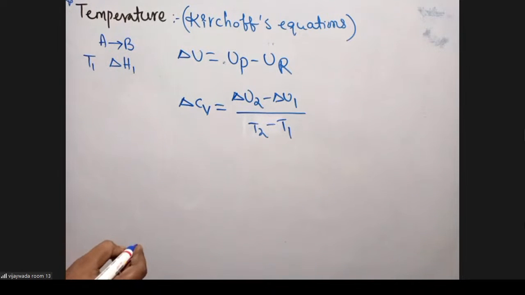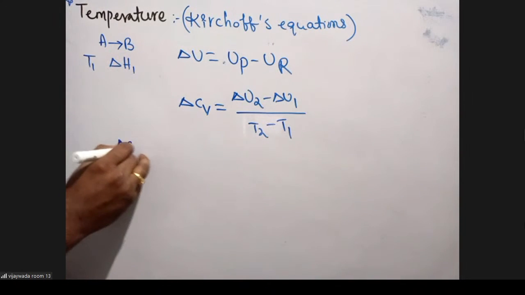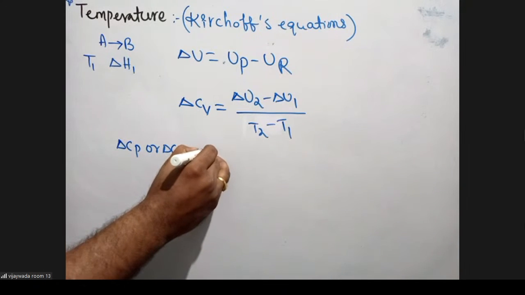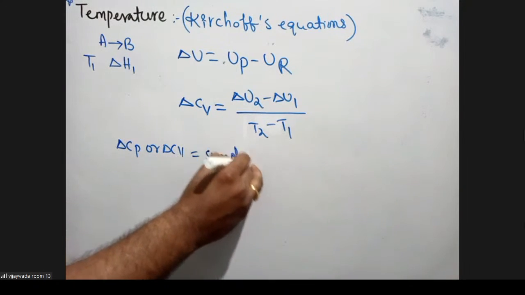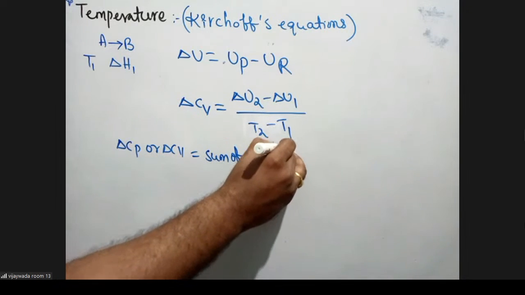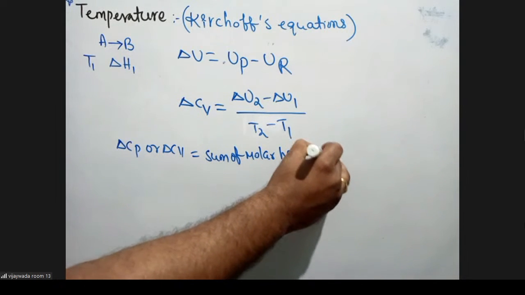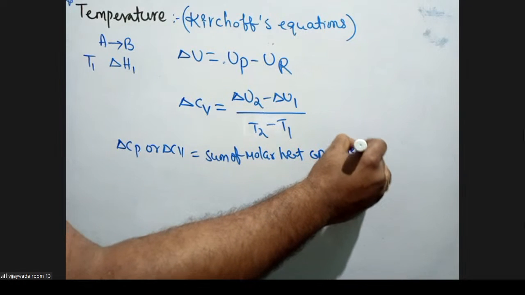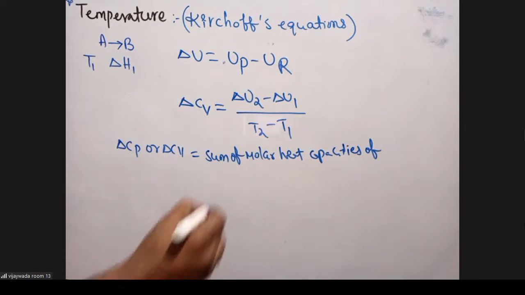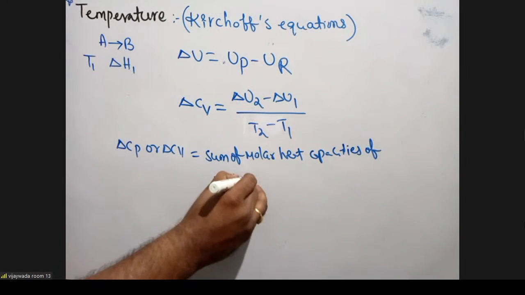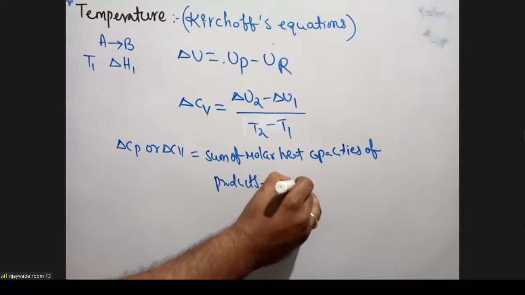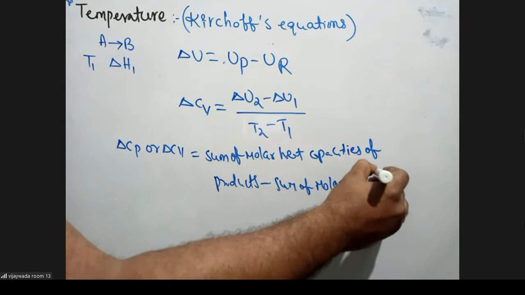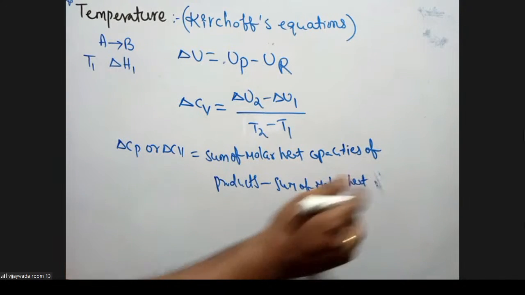Again, this delta Cp or delta Cv. So please remember, sum of molar heat capacities of products minus sum of molar heat capacities of reactants.